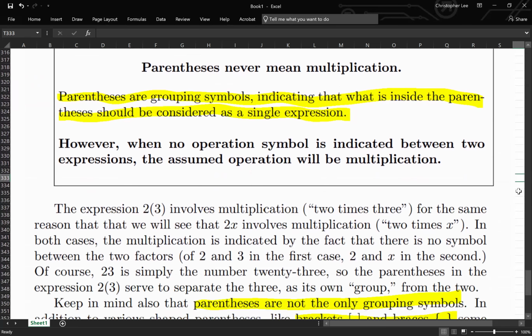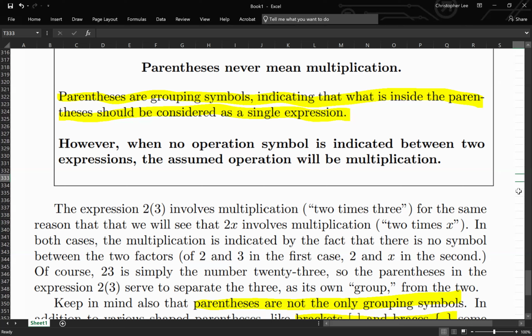So the expression 2(3) involves multiplication. That literally means 2 times 3. For the same reason, 2x involves multiplication, that's 2 times x. In both cases, the multiplication is indicated by the fact that there is no symbol between the two factors, 2 and 3 in the first case and 2 and x in the second.